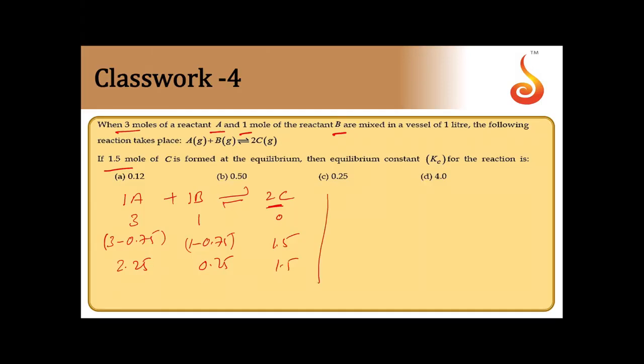When it comes to equilibrium concentration, the volume of the vessel is given as 1 liter. So to get the equilibrium concentration, you should take N by V, number of moles by volume. Dividing by 1 throughout, the value will not change.